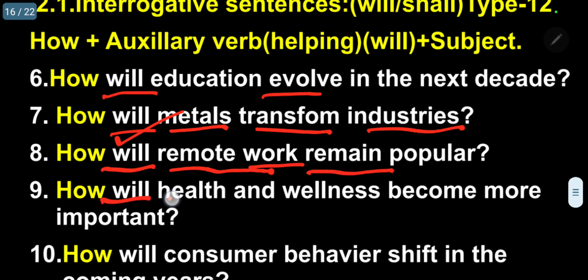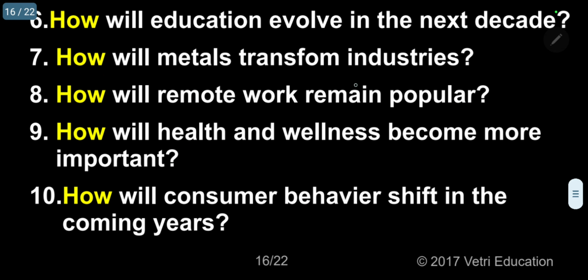How will health and wellness become more important? Become is the main verb, will is the auxiliary. The next one, how will consumer behavior shift in the coming year? Shift is the main verb, will is the auxiliary.